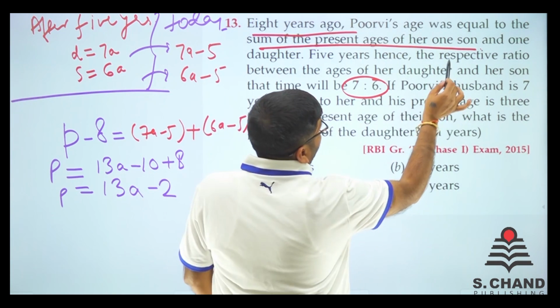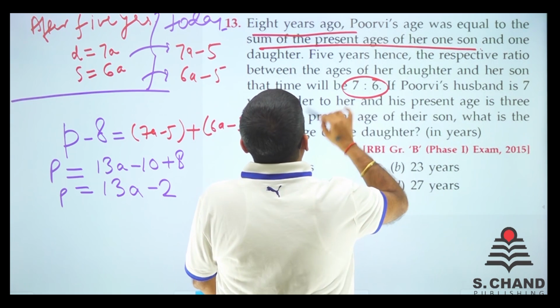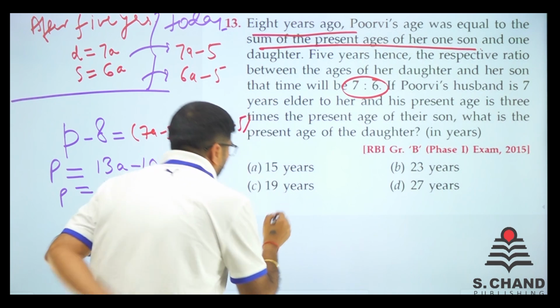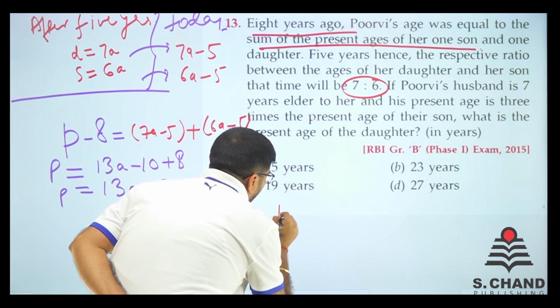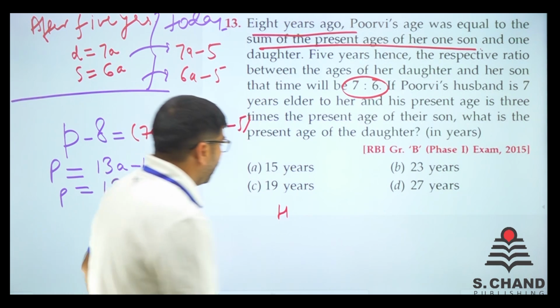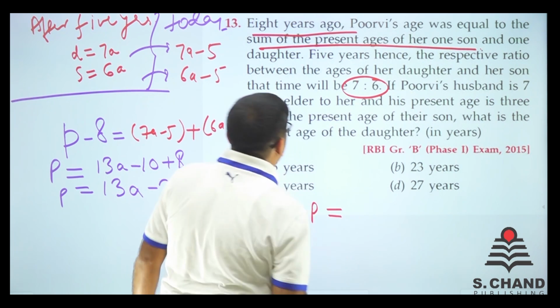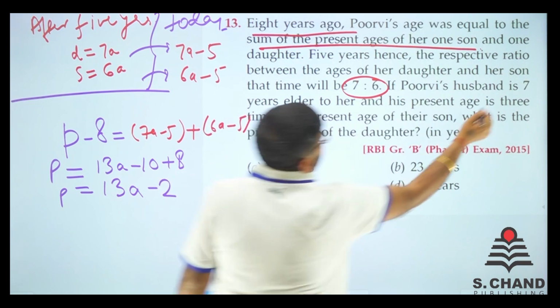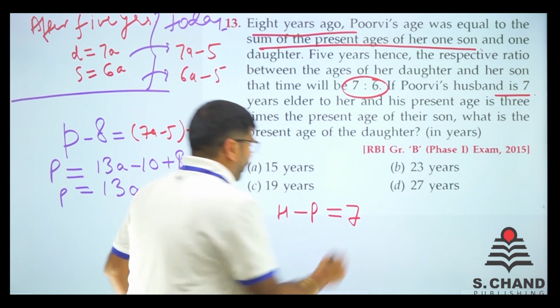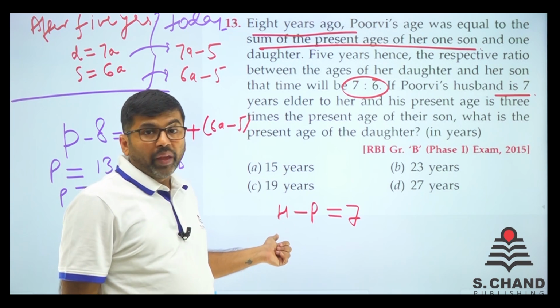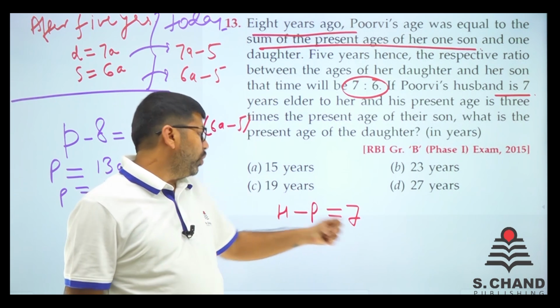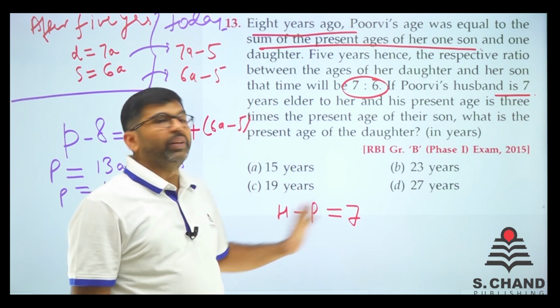Now, if Purvi's husband is 7 years elder to her, so if I say husband H minus Purvi P is what years? 7 years. If Purvi's husband is 7 years elder to her, then H minus P is 7.